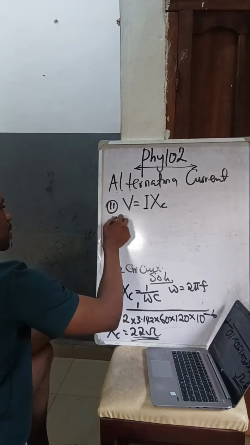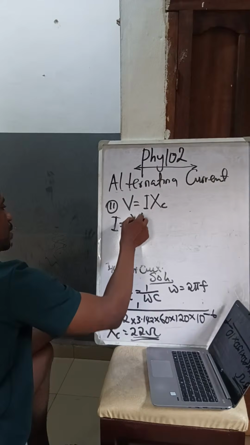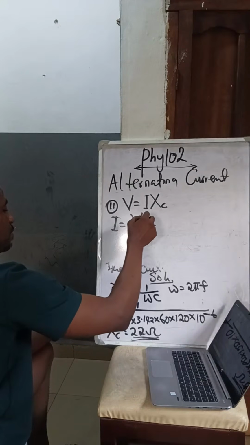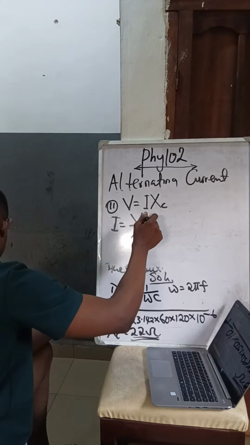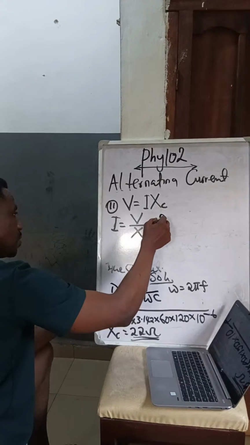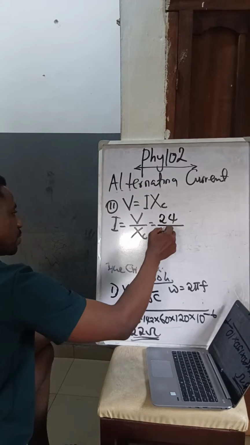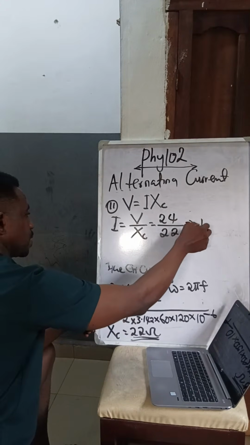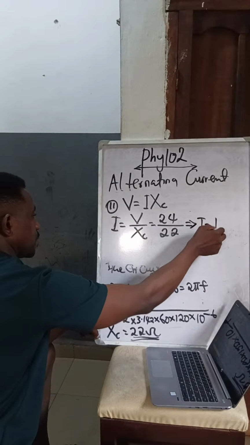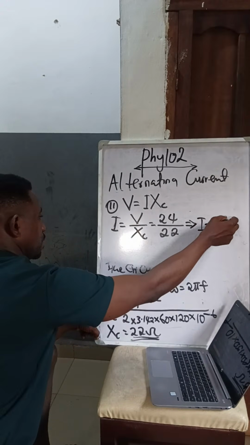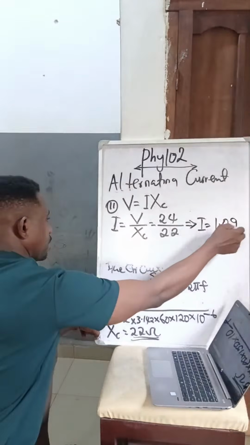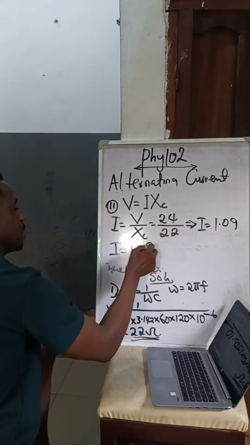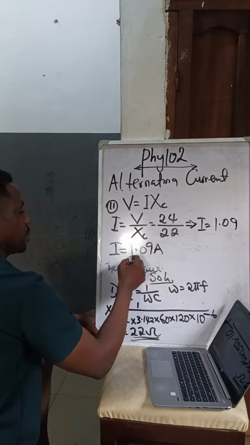So we make current the subject of the formula, V all over R. So what is V? V is 24, which was given in the question. 24 all over 22. So it implies our current is equal to 1.09 approximately. So our current is 1.09 ampere.